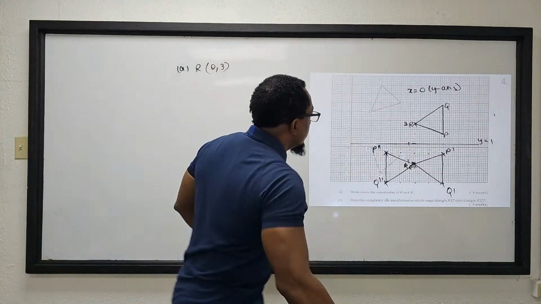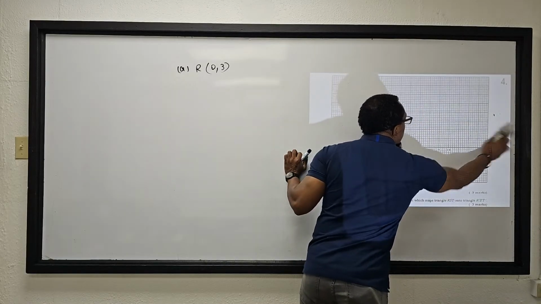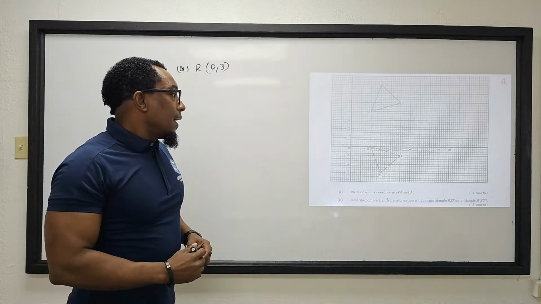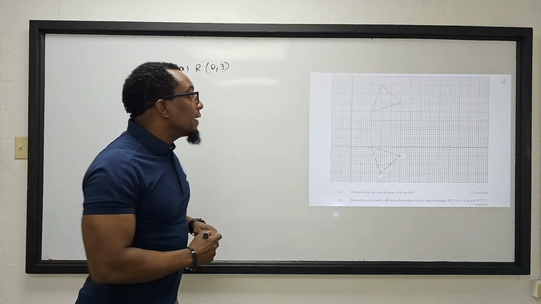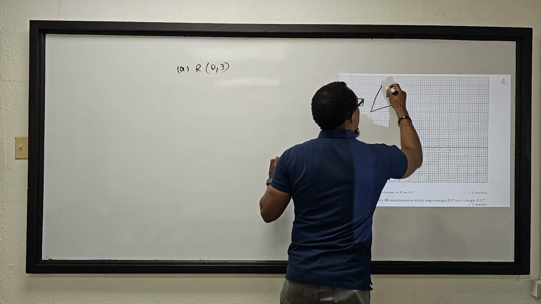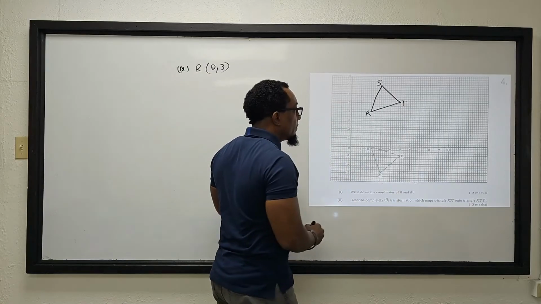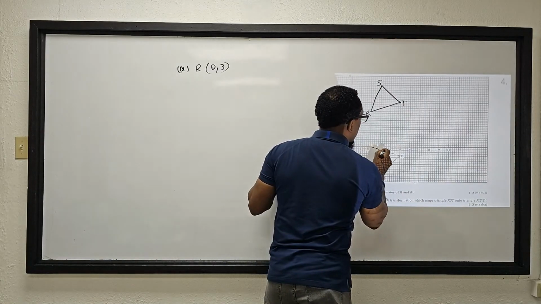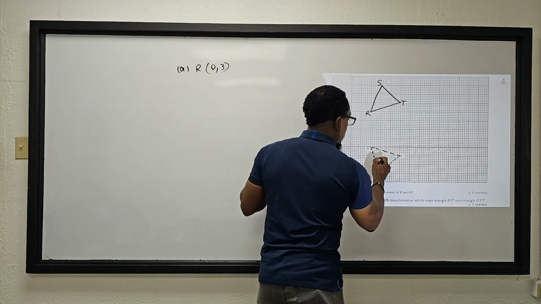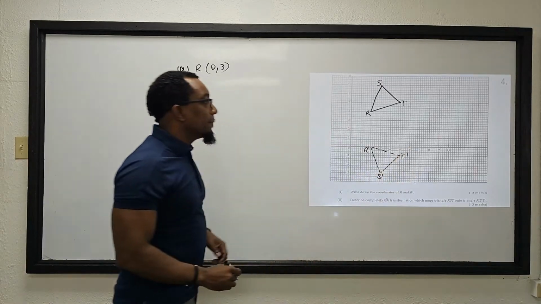So we have here, they want us to state the coordinates of R and R prime. So we have this triangle here. This is R, this is S, that's T. This is R prime, S prime, T prime.